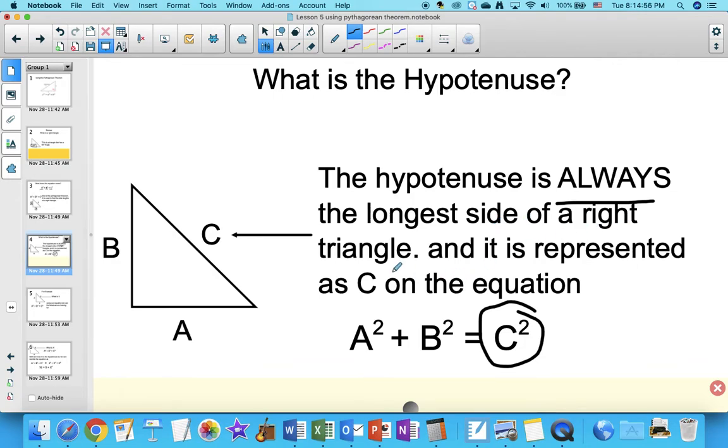It is represented as c in the equation. So here we have the triangle. We have side A, B, and C. You see, C is on the longest side. Don't put C here. It doesn't matter what A and B are, as long as C is the longest side, because a squared plus b squared equals c squared. The length of the two shortest sides squared is the longest side squared.